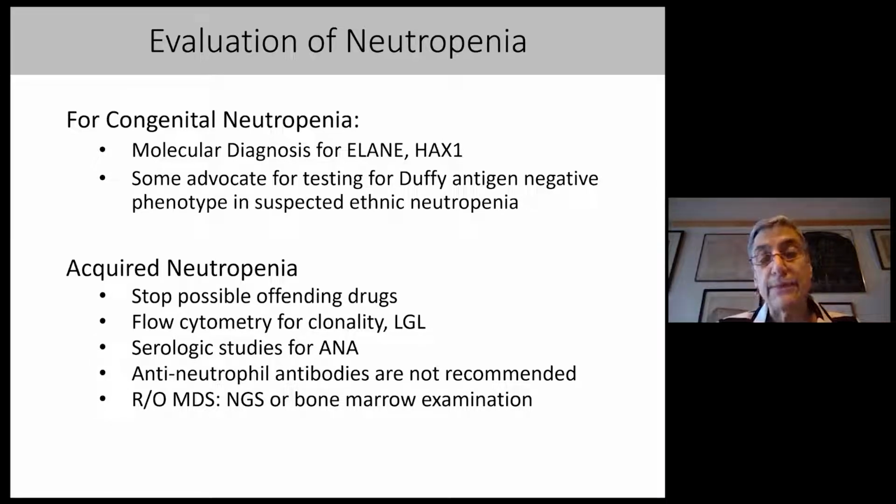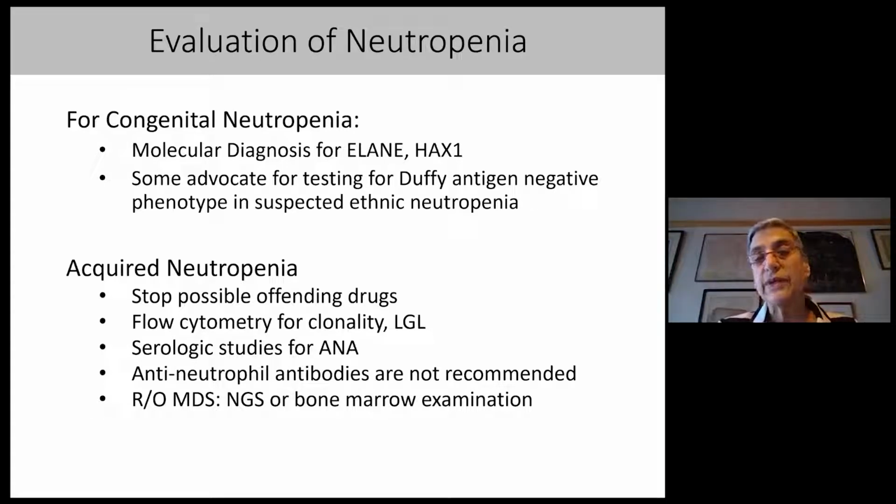If it is a baby or someone in whom you suspect a congenital neutropenia, and some of these patients do end up not being diagnosed till later, the most important thing to do is to do molecular diagnosis for the elastase gene, or ELANE, or HAX1, which are the two most important causes of congenital neutropenia.